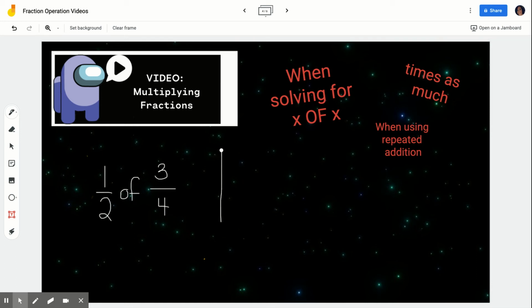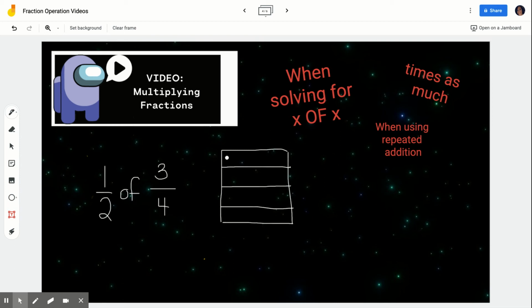Now, first things first, we need to know and recognize or be able to construct a model that represents this problem. So first, we are going to represent 3/4.